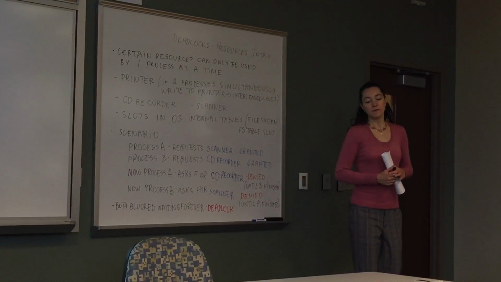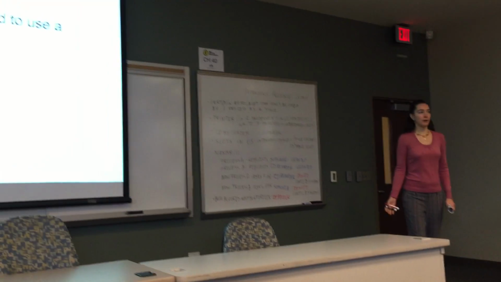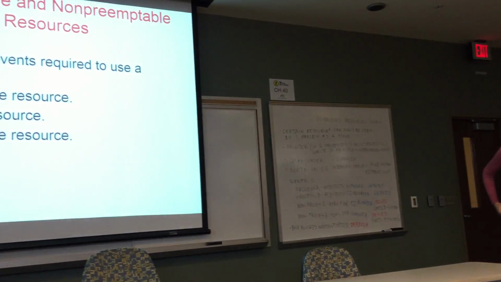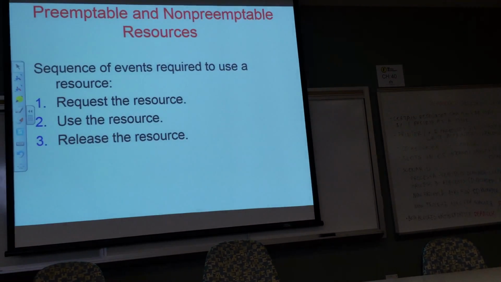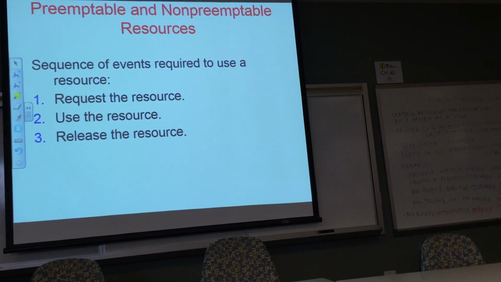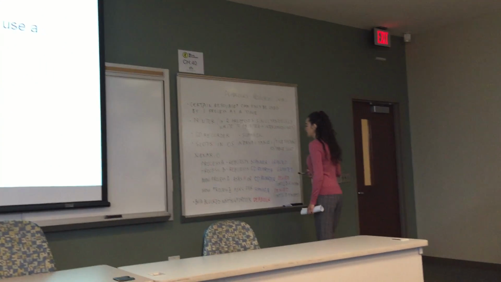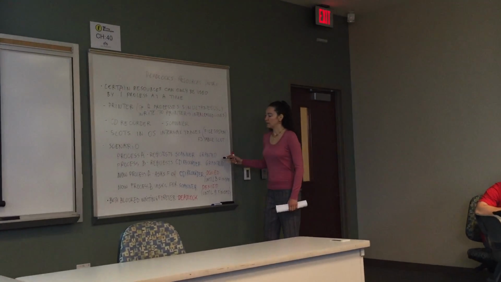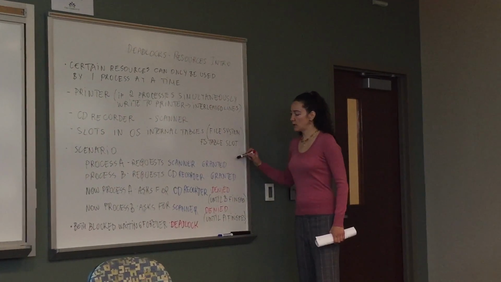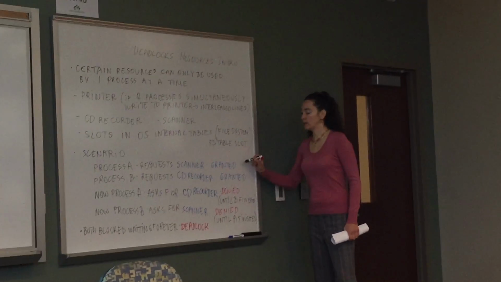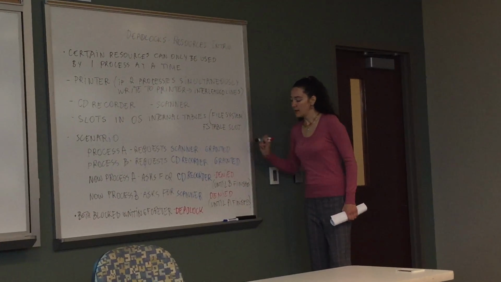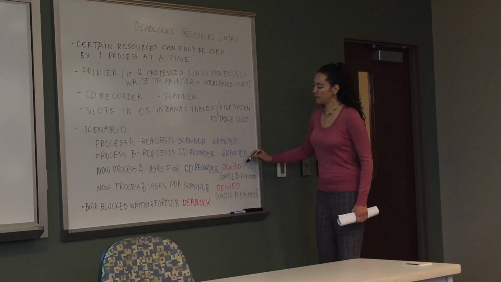So that can happen with threads as well. Let's say we have a process with multiple threads that run inside the process. It can happen that one thread requested two resources and got one of them, and the second thread the same thing.